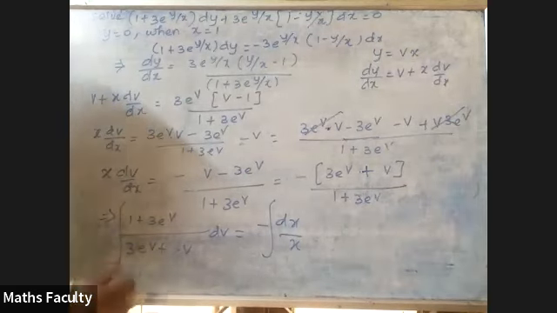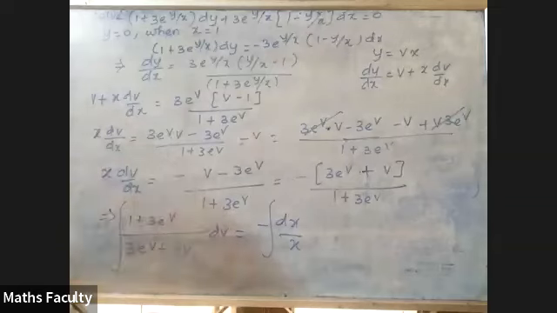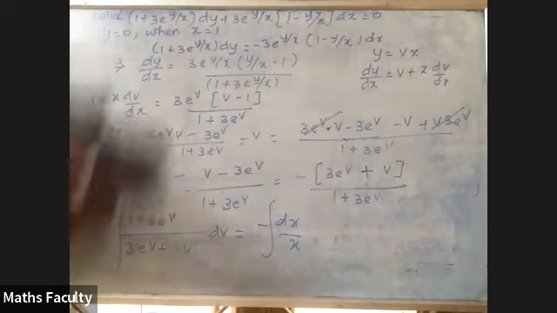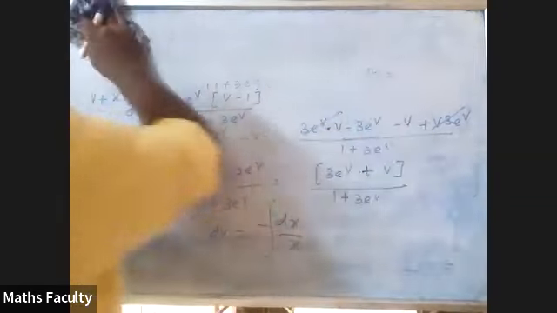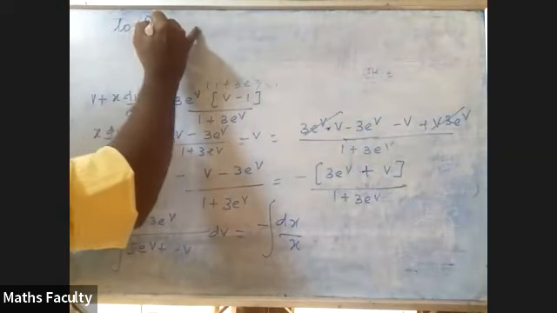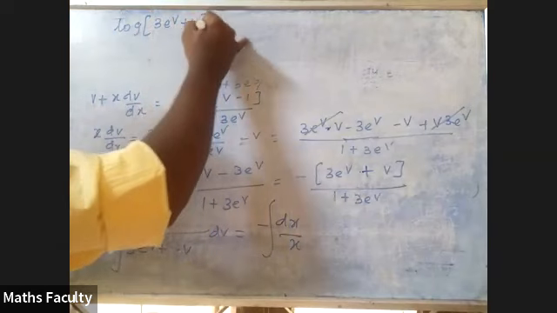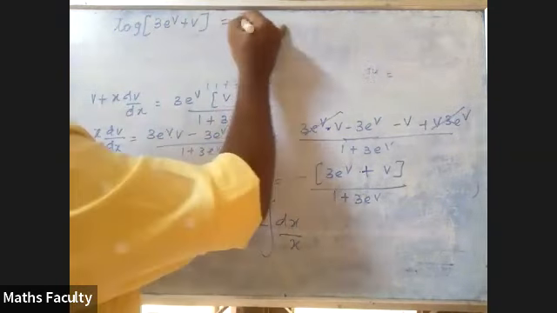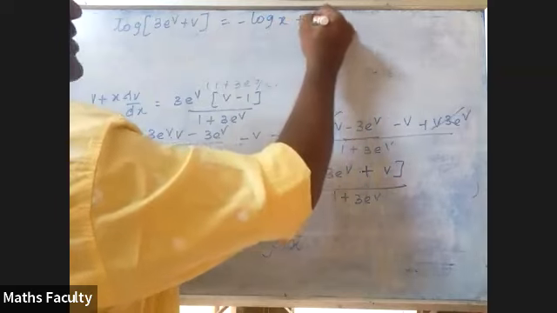When we differentiate the denominator, that should be in the numerator. Immediately I can say log of the denominator. I can write this as logarithm of 3 e power v plus v equals minus log x plus log c.